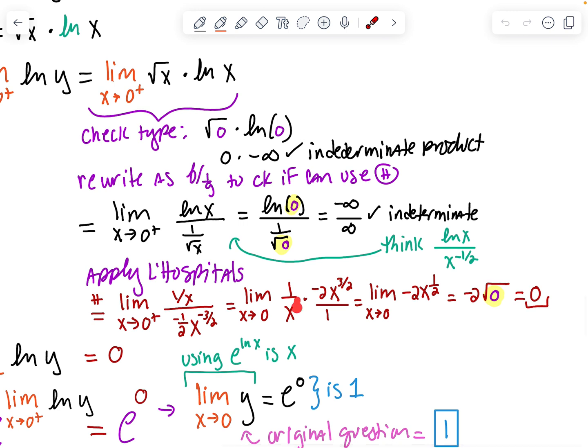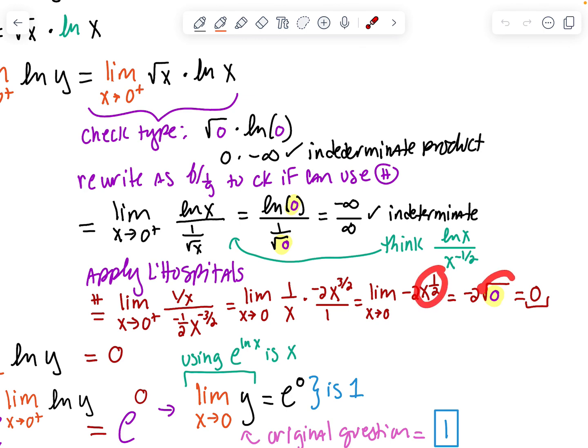So cleaning this up, this was x to the 1. So I'm really subtracting 1, which is really like subtracting 2 over 2. So I'm going to end up with an exponent of positive 1/2. And this negative 2 is my coefficient, but I'm just left with over 1, and I don't need to write this over 1. So I have a limit of something I can go ahead and plug x into.